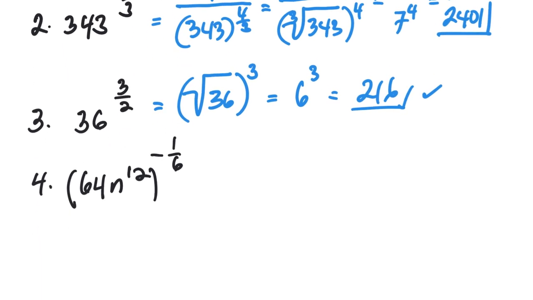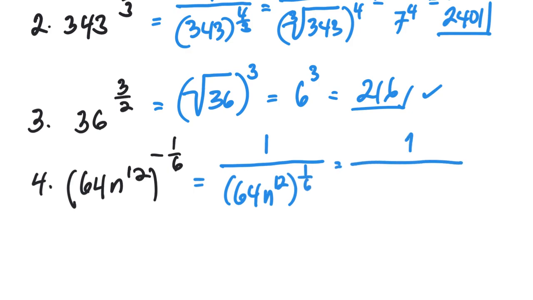Okay, next, number 4. This is going to be a very nice one. 64 raised to the power of 12 raised to -1/6 is going to be the same as 1 all over 64 raised to the power of 12 raised to 1/6. In exponent radical form, you're going to have the 6th root of 64 raised to 12.